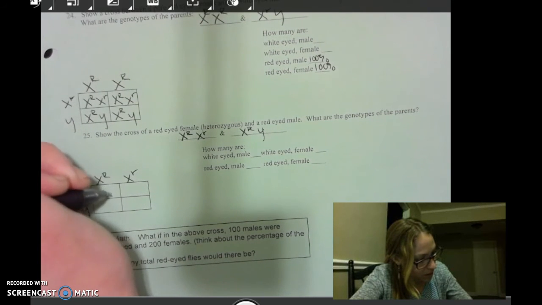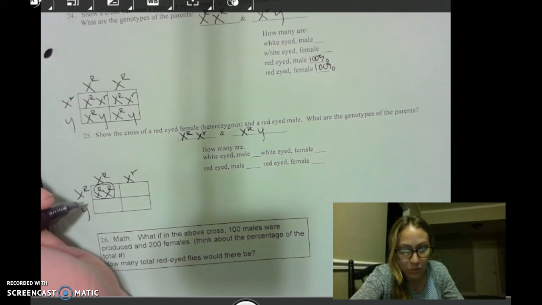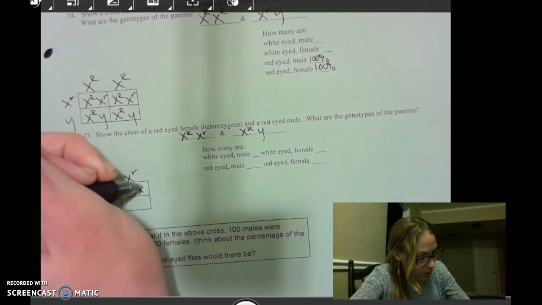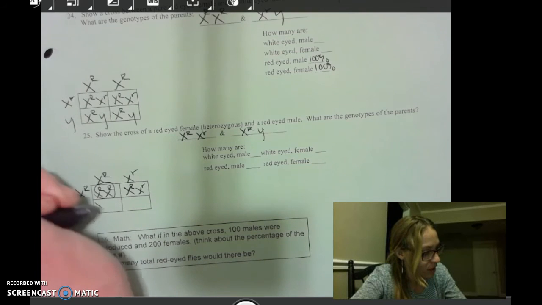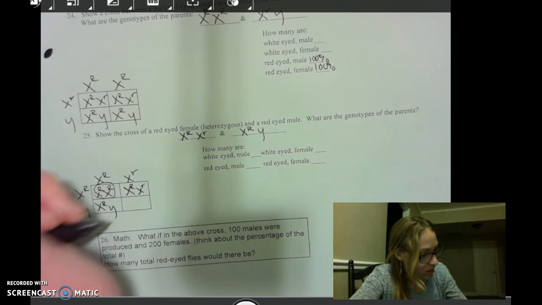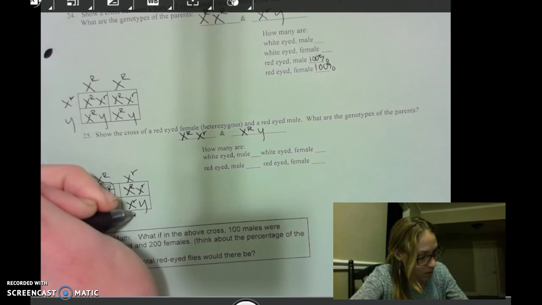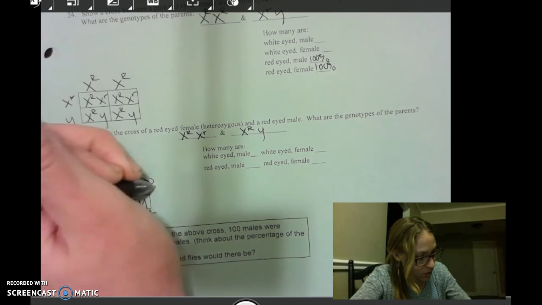what's that going to look like? Well, I've got a purebred female with bright red eyes, right? And I've also got a red-eyed female here, but she's a carrier for the trait of white eyes. Here I've got a male that's got red eyes, and then this male has white eyes. So white eyes, red, and then all the girls are red.